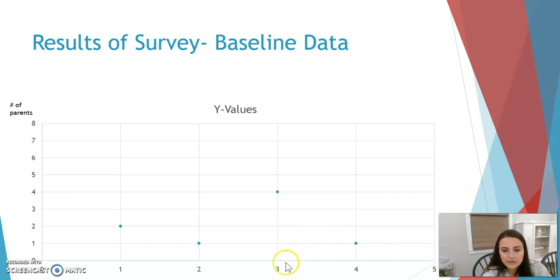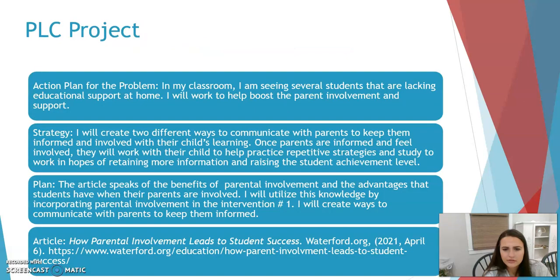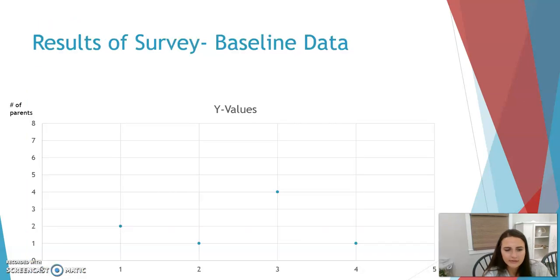So this is the results. I'm not sure if it all shows up on, no, it doesn't all show up on your guys' page, but it's on there.